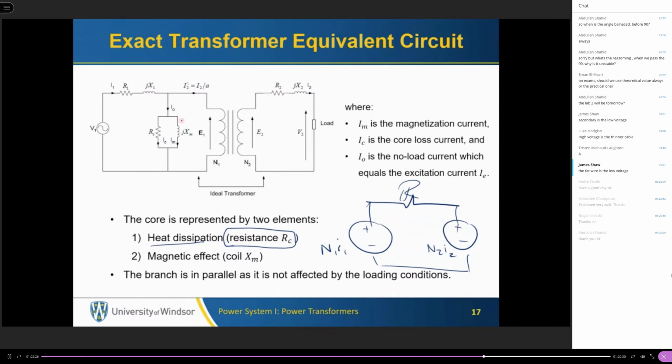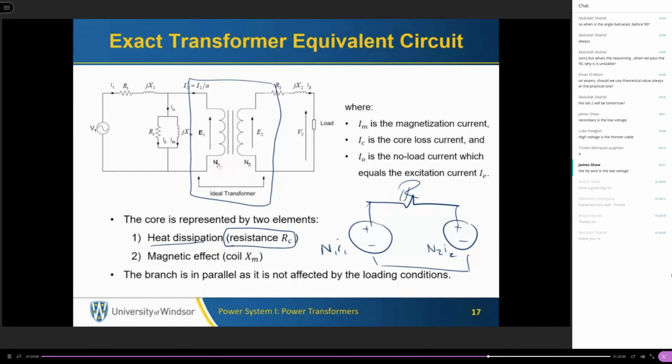So this is how we represent the transformer. We have a shunt element, or a shunt impedance, representing the core losses, the hysteresis losses, the eddy current losses, the heat dissipation inside the transformer. We have a reactance representing the magnetic flux lost by the core itself, the reluctance of the core itself, and we have the rest of the transformer. We keep this part to represent the ideal part of the transformer.